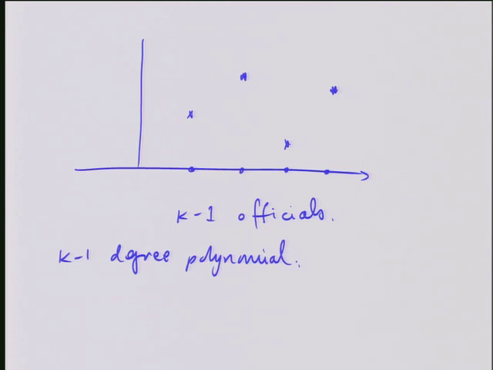It's a k-1 degree polynomial. It's a completely random k-1 degree polynomial. Now, what can these k-1 officials reconstruct? Well, here's one way to answer the question.